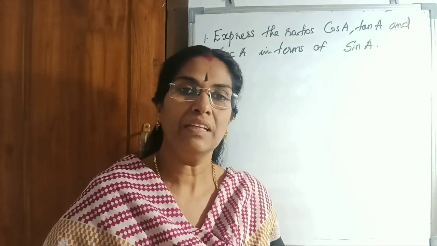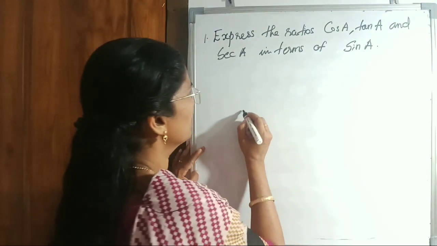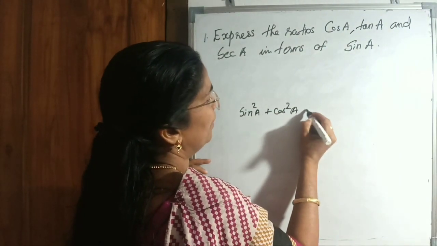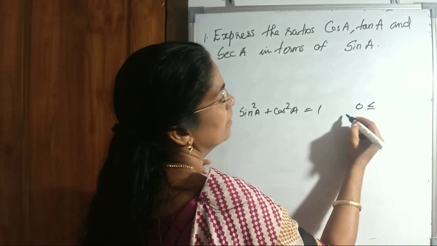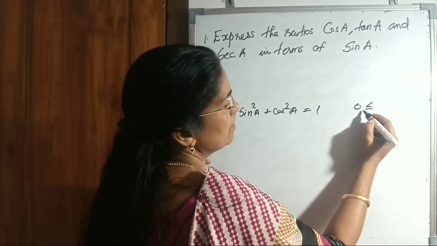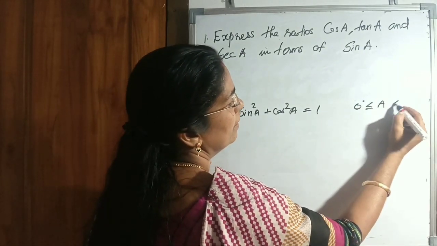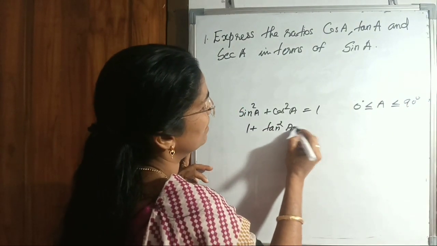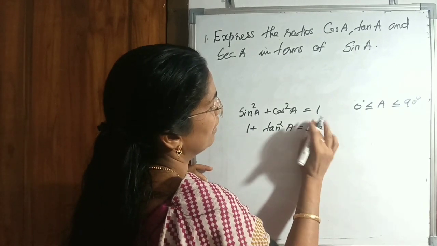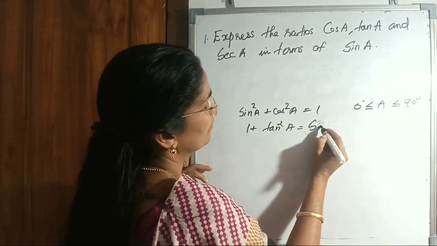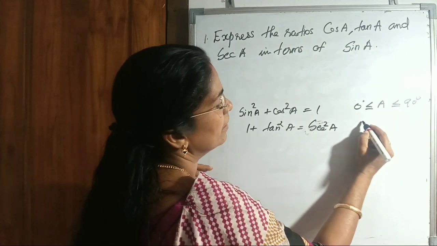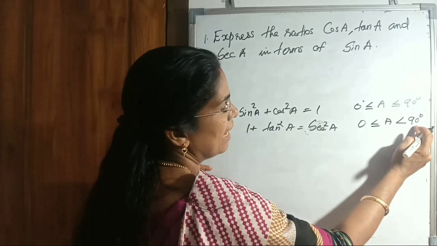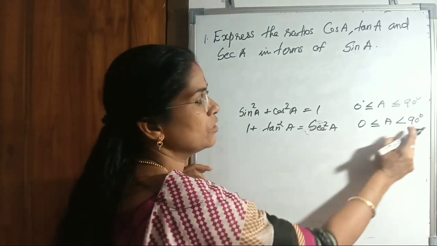So dears, we learned three identities. First one, sin square A plus cos square A equal to 1. It is valid for angle A from 0 degree to 90 degree, inclusive. The second one is 1 plus tan square A is equal to sec square A. Here 0 is less than or equal to A and A is less than 90, because tan 90 is not defined.